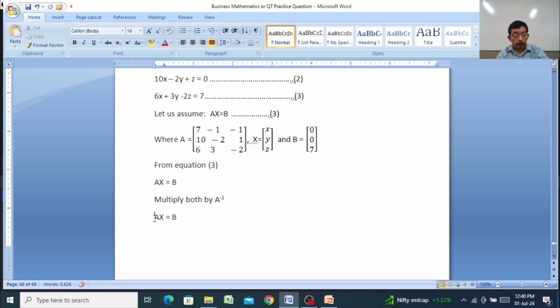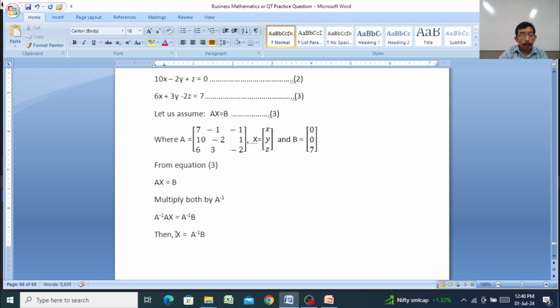Multiply the left hand side and the right hand side. A inverse A is equal to I, then X is equal to A inverse B. It is clear, everyone?